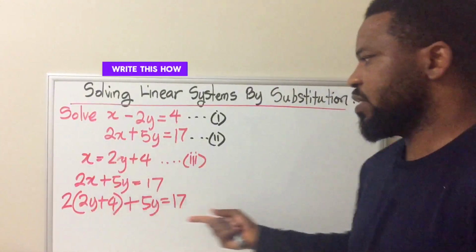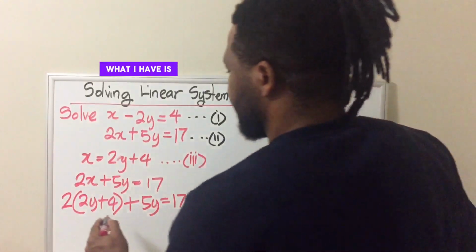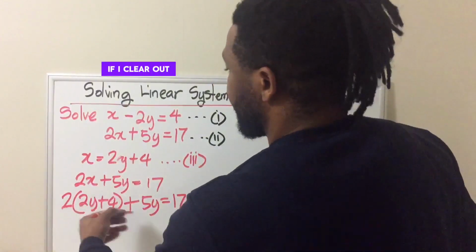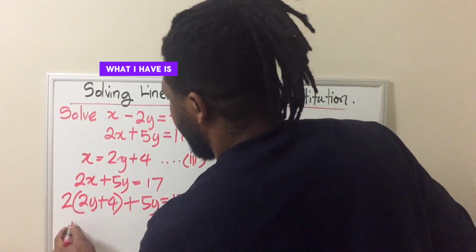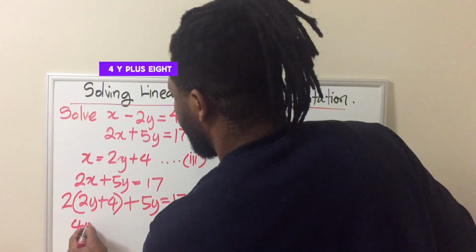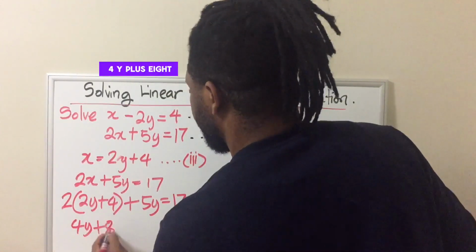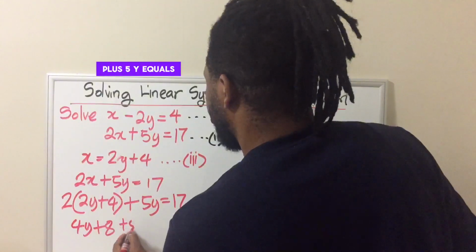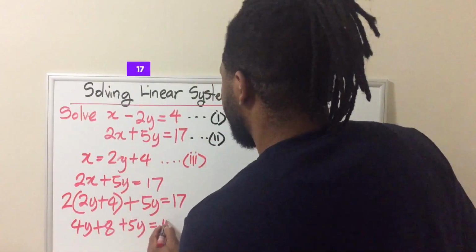If I clear out this bracket, what I have is 4y plus 8 plus 5y equals 17.